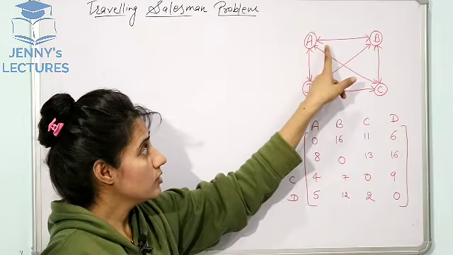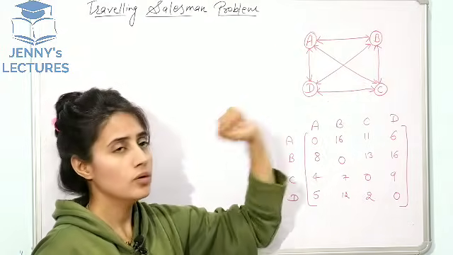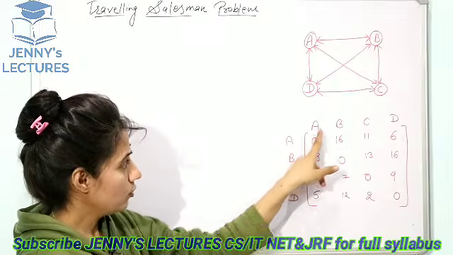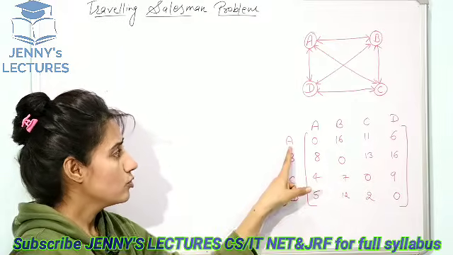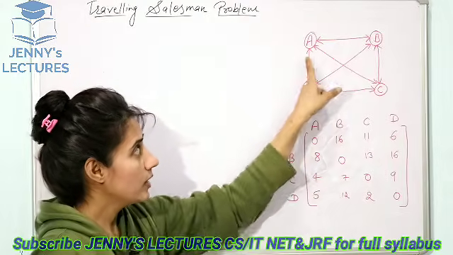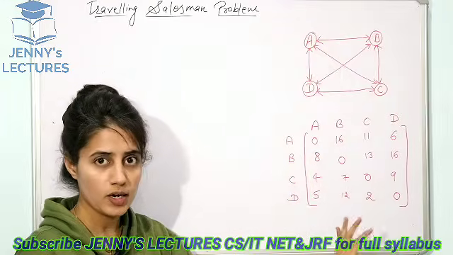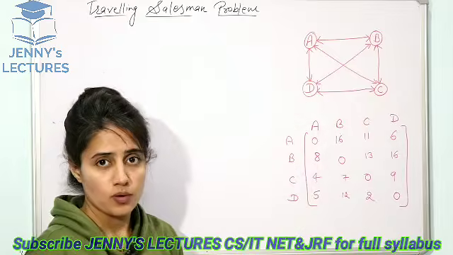See, from A, this arrow is bidirectional. It means we can go from A to B and then B to A. So the cost of A to A, B to B, C to C and D to D is 0, and the cost of A to B is 16 and B to A is 8. We have this cost adjacency matrix and we will use this one.